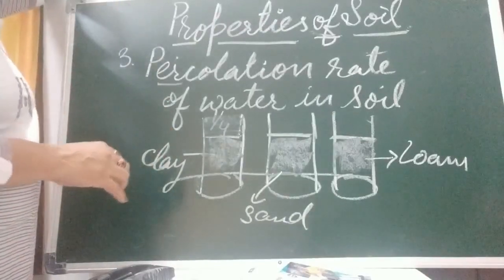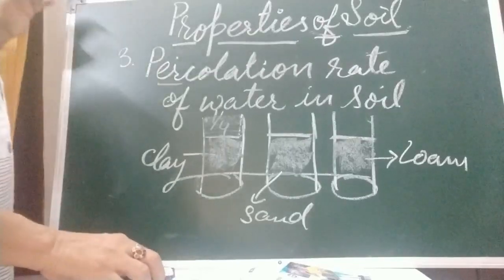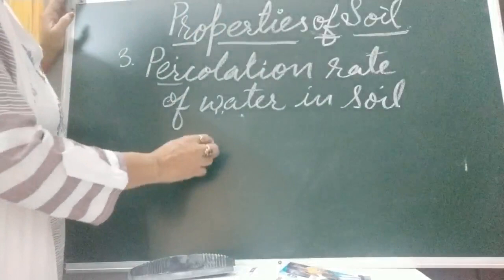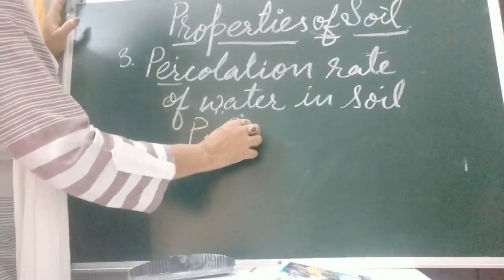And one formula we are going to follow to find out the percolation rate. What is the formula of percolation rate? Suppose PR is the percolation rate.